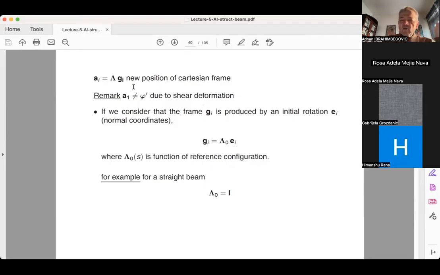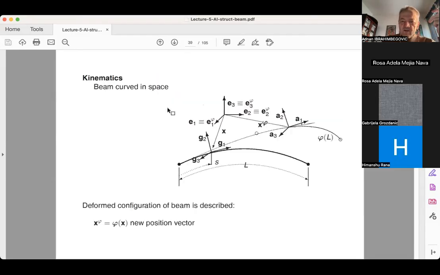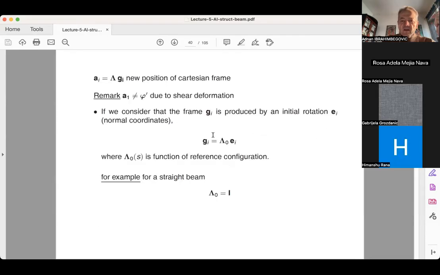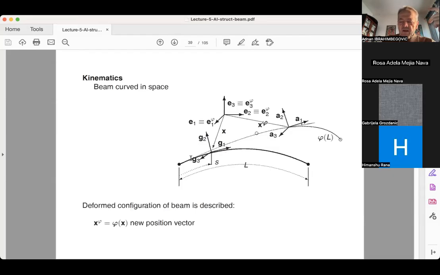obviously lambda has to be an orthogonal tensor. Now, if I want to position this initial frame, GI, a similar manipulation can take place. I have to define lambda 0, where lambda 0 is the orientation of this frame. And you can see, given that the beam is curvilinear, this lambda 0 varies from point to point.